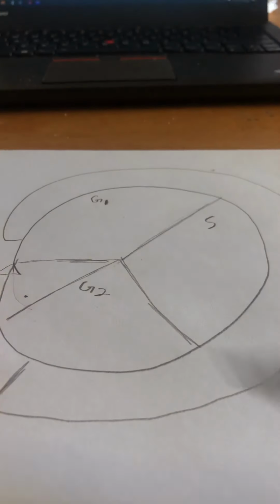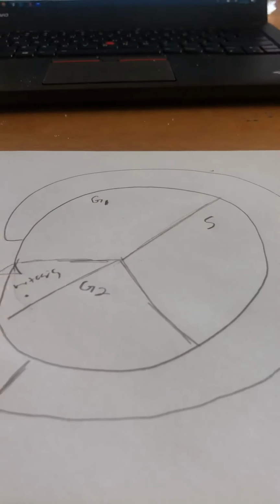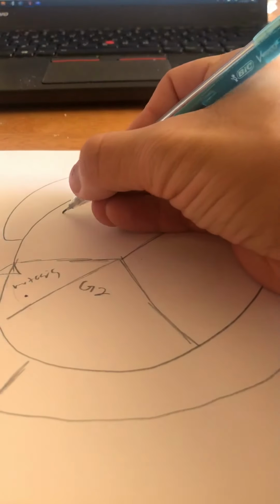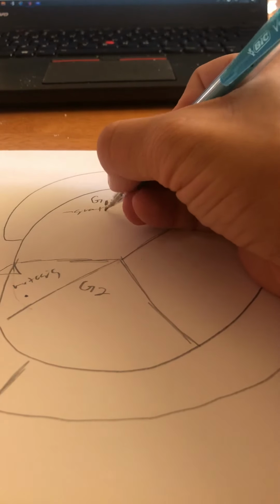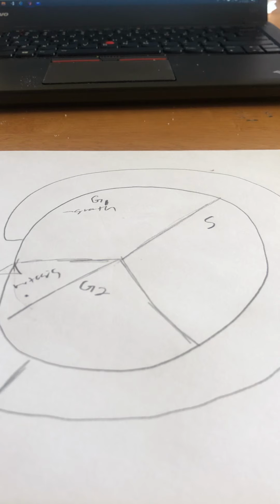And then after interphase is mitosis, but I'm going to talk about that in the next one. So in G1 phase, it's known as the growth or gap phase. This is the main phase where organelles and proteins and the little parts of the cell are developed.